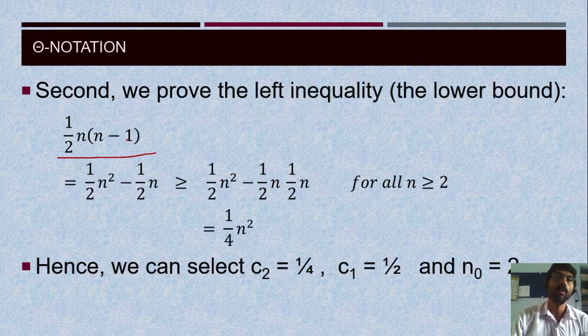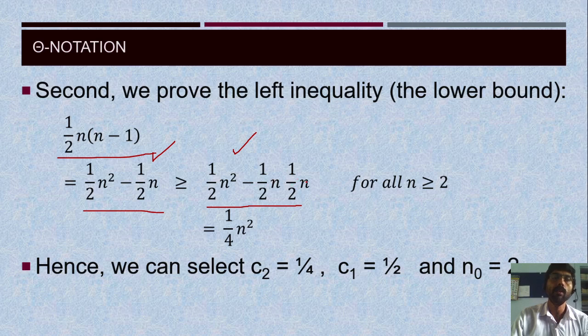Half n into n minus 1 is half n square minus half n. For this left hand side expression, we have created one more expression on the right hand side, that is half n square minus half n into half n. This right hand side expression is always smaller than the left hand side expression because you have multiplied by half n here.